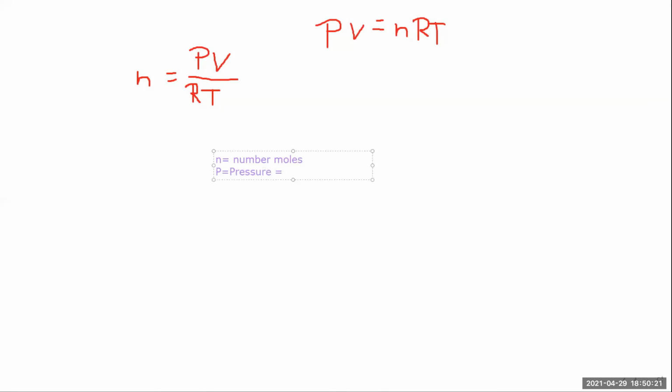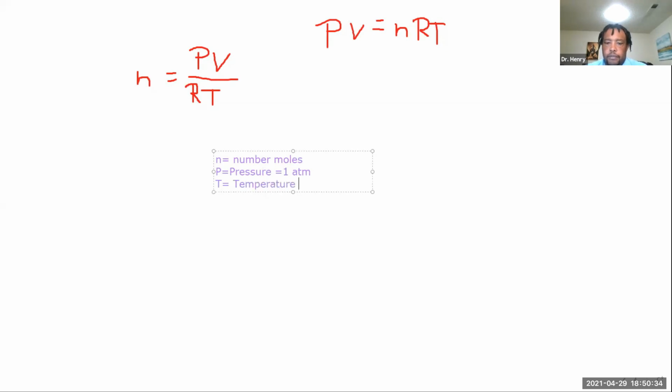We're going to assume that it's normal, atmospheric pressure, which is 1 atmosphere. T is temperature in Kelvin. We're assuming room temperature, which is typically 23 degrees Celsius.